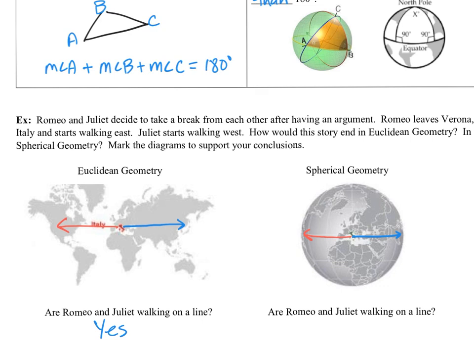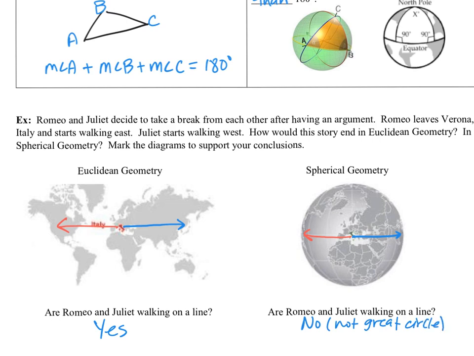So obviously the Earth has been rotated toward us a little bit. So this is not the equator. Therefore, Romeo and Juliet are not walking on a great circle. So the answer to the question, are they walking on a line, would be no. You might want to make a note, because they are not walking on a great circle. The only lines in spherical geometry are great circles.